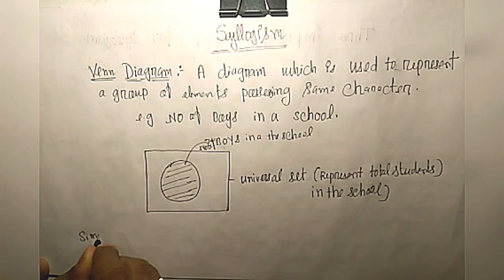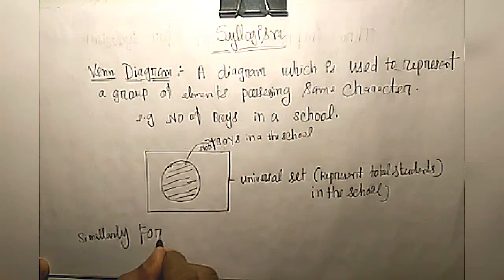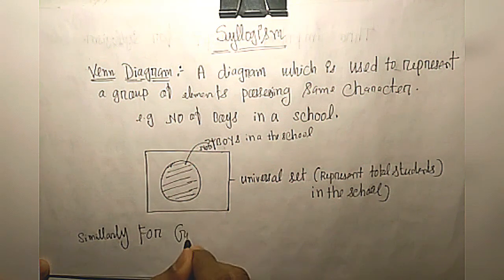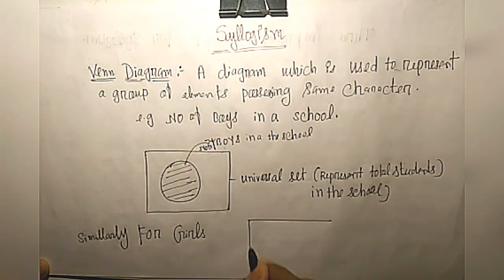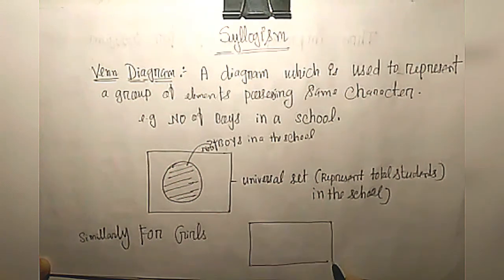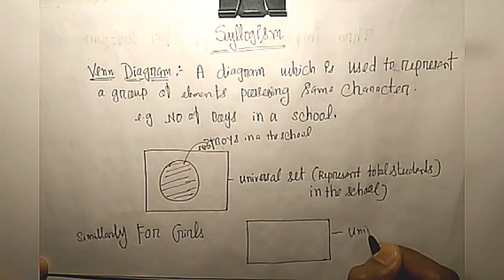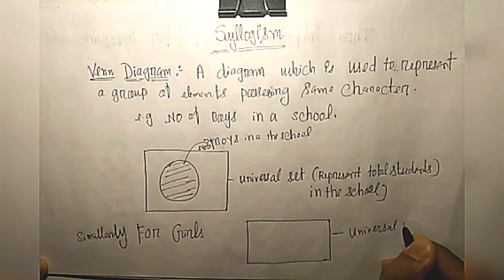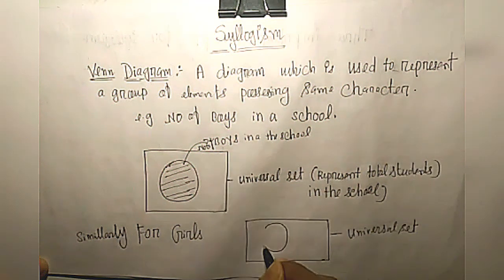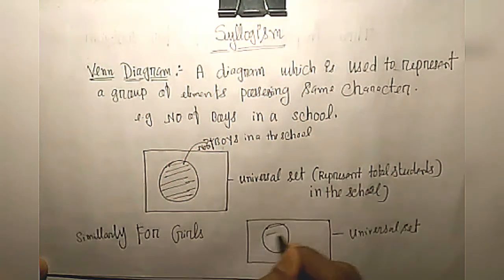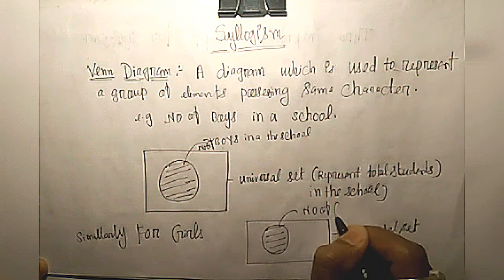Similarly for girls, we follow exactly the same process. First of all, we draw the universal set, the largest group which represents the total number of students, and inside the universal set we draw one circle which represents the number of girls.